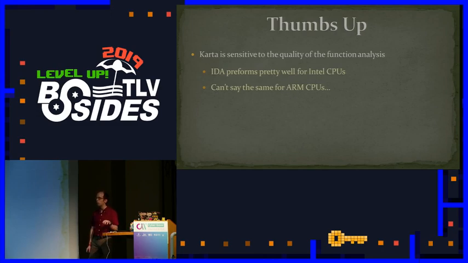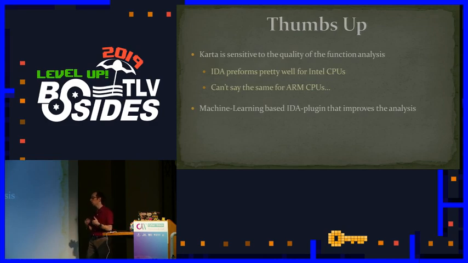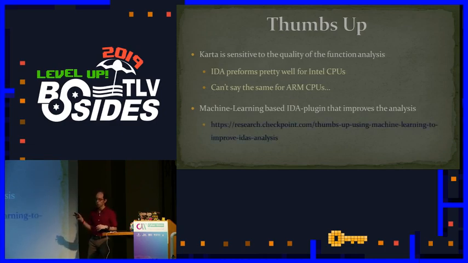And instead of manually identifying where a function starts and where a function ends, which could be pretty meticulous, I developed an additional part to be used with Karta, which uses really basic machine learning in order to improve the analysis of IDA. It's trained on your own IDB, and then it improves the same IDB from the same file. You could already find it on our GitHub account, and this is the blog post for this research, published right now.